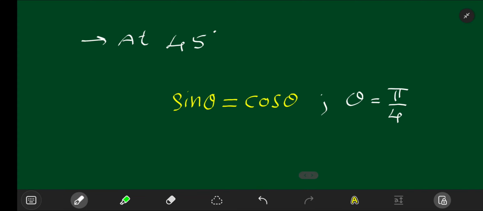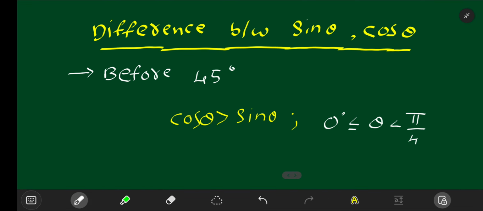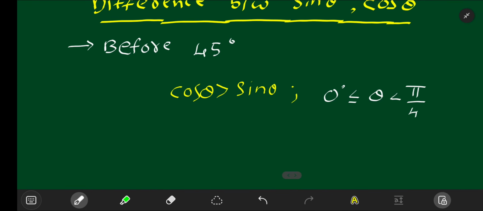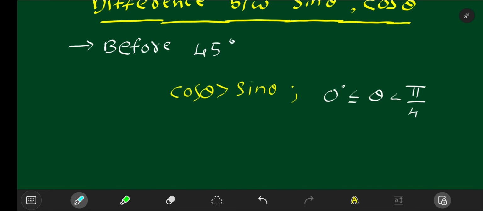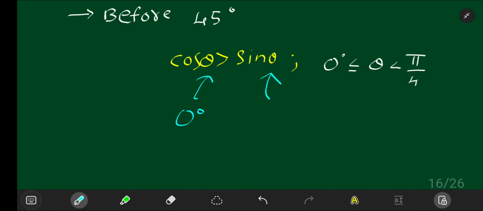Let me explain from the first point here. If you substitute 0 degrees in place of theta, cos 0 is 1 and sin 0 degrees is 0.